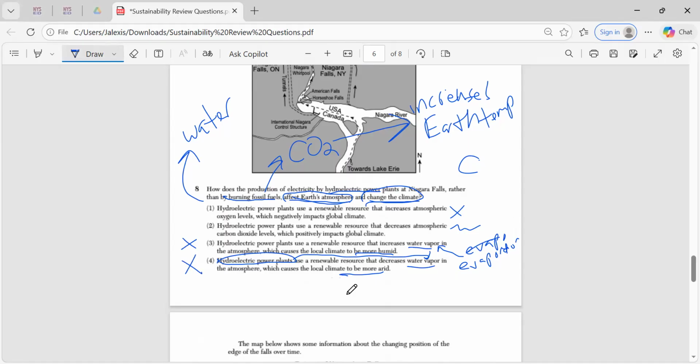So if I'm going to choose my best option, I'm going to choose choice two, because I know for a fact burning fossil fuels increases carbon dioxide. But if we're not burning fossil fuels, we're definitely going to decrease carbon dioxide, and that means the effect of global warming is being reduced. Choice two looks like my best answer.